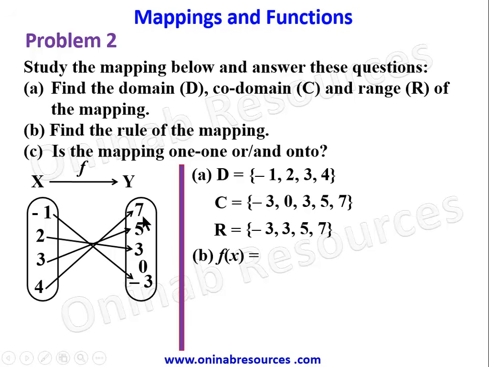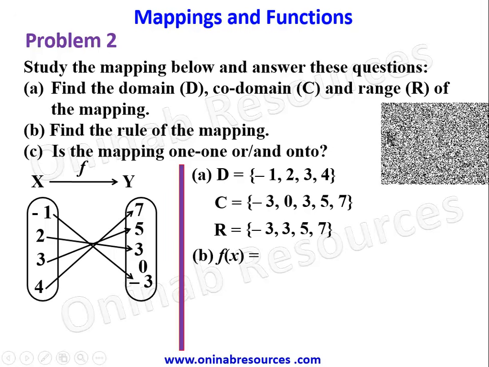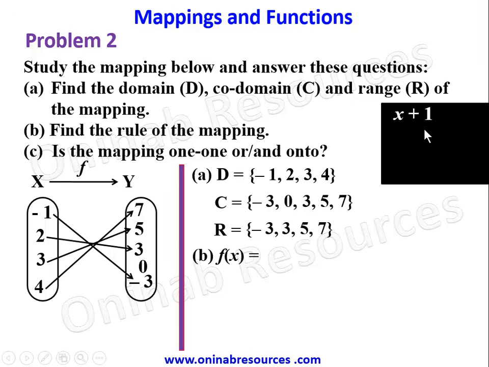So we look at it as a linear function first. So we say x plus 1. We start from x plus 1. If x is -1, this will give me -1 plus 1, which will give us 0. So it is not the rule.